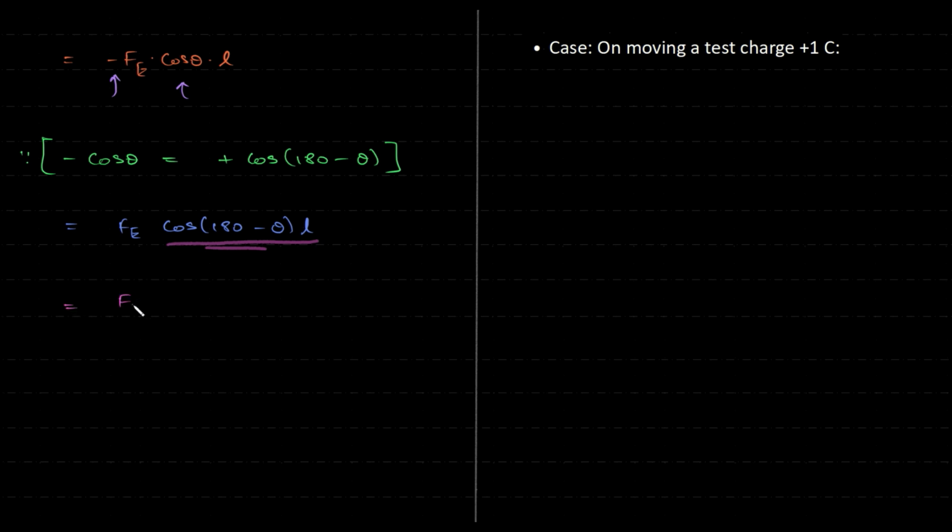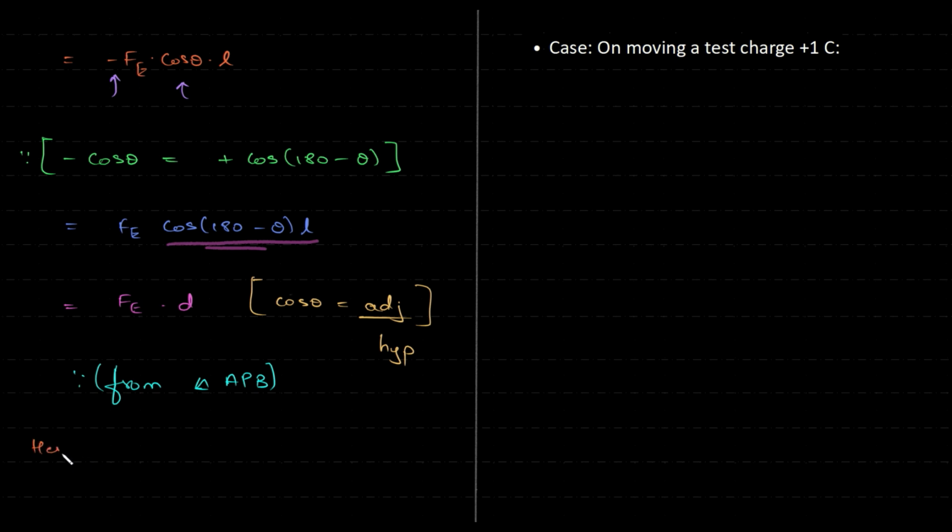Why is that though? Because, my bad, cos theta is adjacent by hypotenuse. As per that, from triangle APB, we are able to get this.